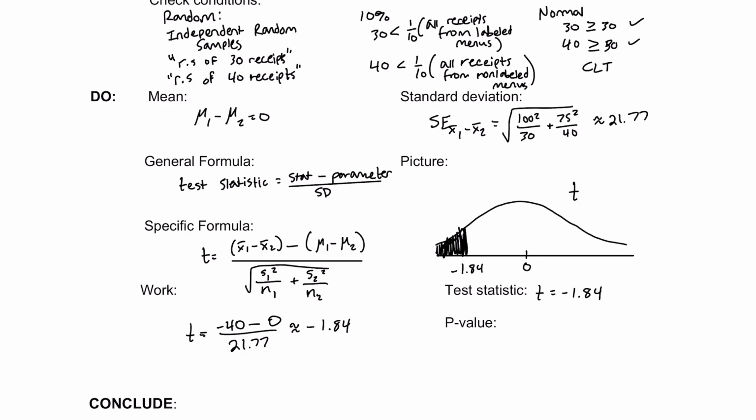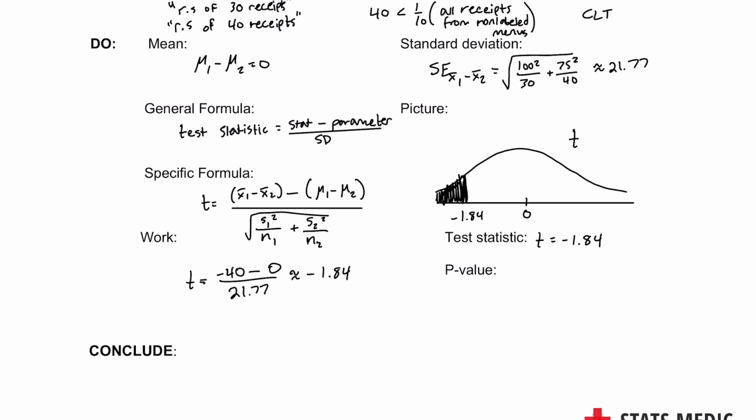In this case, our 2 sample sizes are 30 and 40, which means our 2 respective degrees of freedom are 29 and 39. So 29 is smaller, and so I can use 29 as my degrees of freedom in this case.